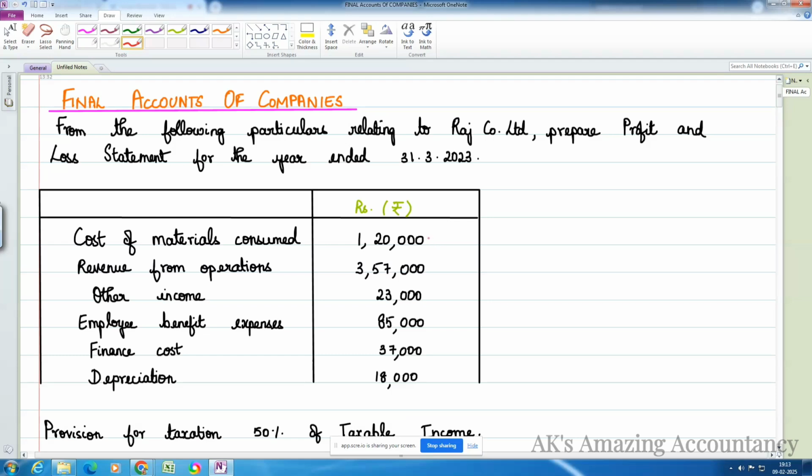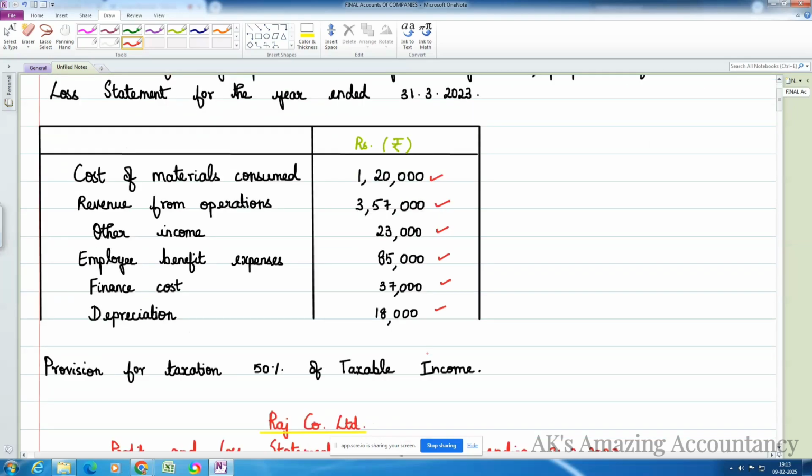Cost of materials consumed 1,20,000, revenue from operations 3,57,000, other income 23,000, employee benefit expenses 85,000, finance cost 37,000, depreciation 18,000. Provision for taxation 50% of taxable income. So this is the problem we have.